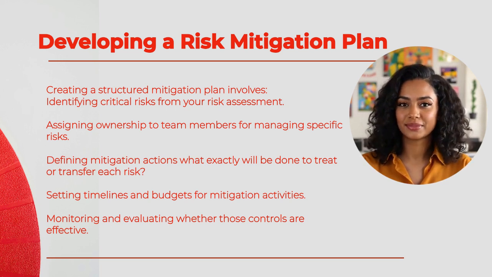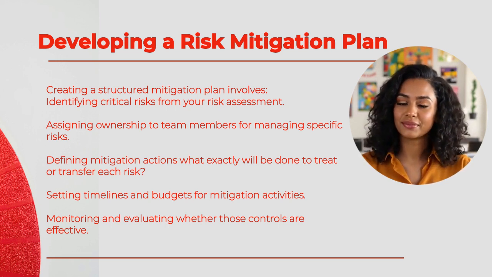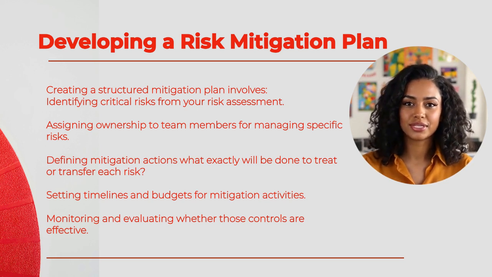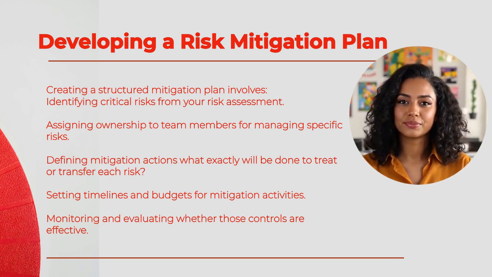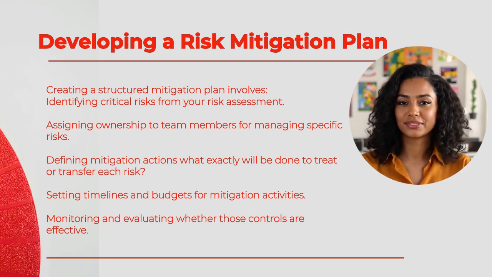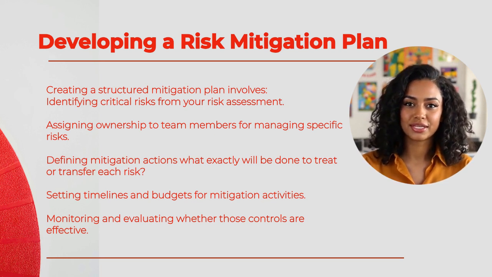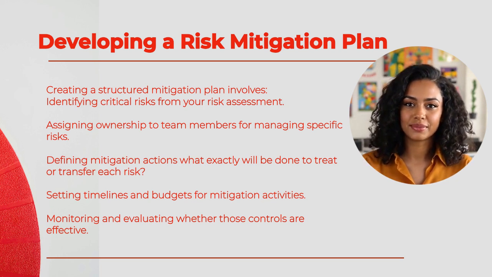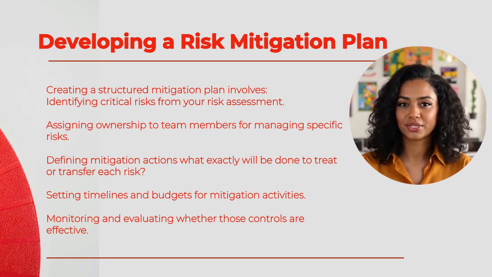Setting timelines and budgets for mitigation activities. 5. Monitoring and evaluating whether those controls are effective. For example, risk: equipment failure. Owner would be the Ops Manager. Mitigation strategy is routine maintenance every 2 months. Timeline, ongoing. And status is in progress.